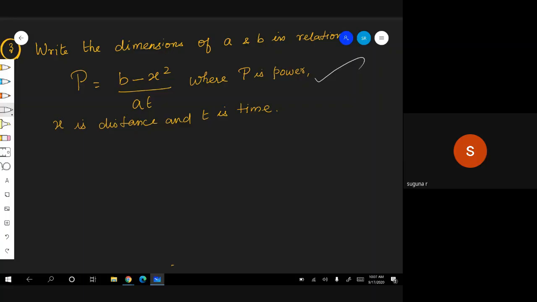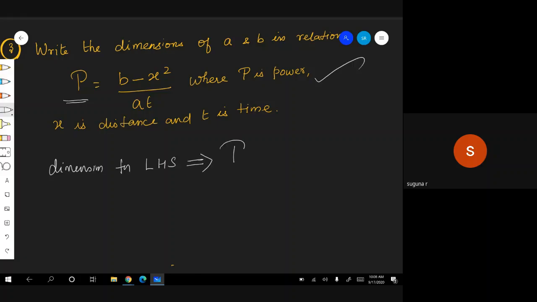Okay, therefore, how to find out? You are given P is equal to B minus X squared by AT. Listen, very important here: what is the dimension for LHS? M1 L2 T minus 3. LHS is nothing but P, not pressure.